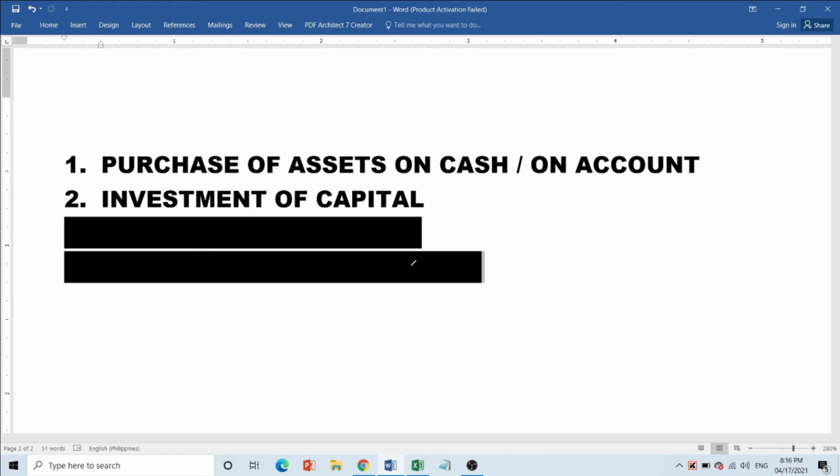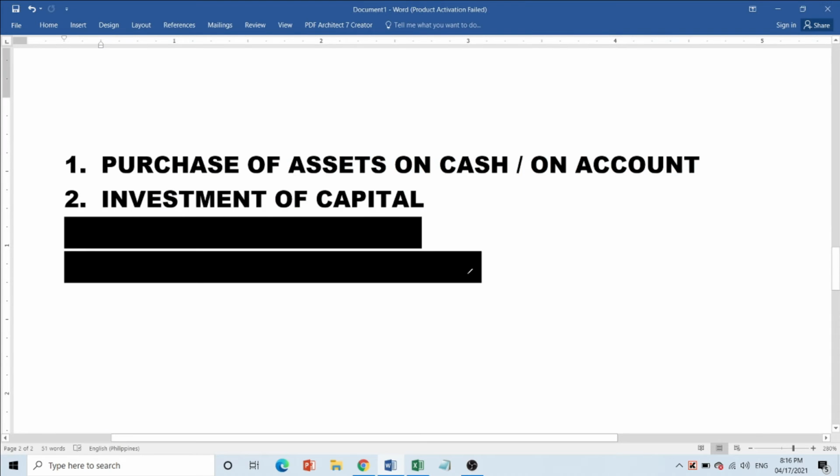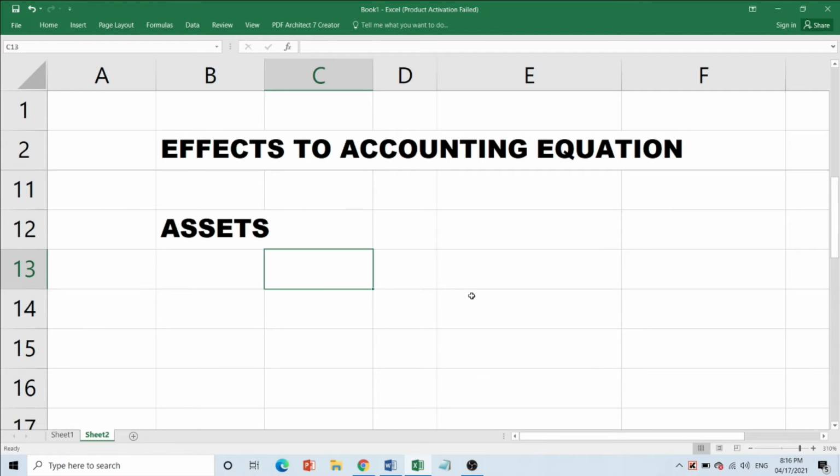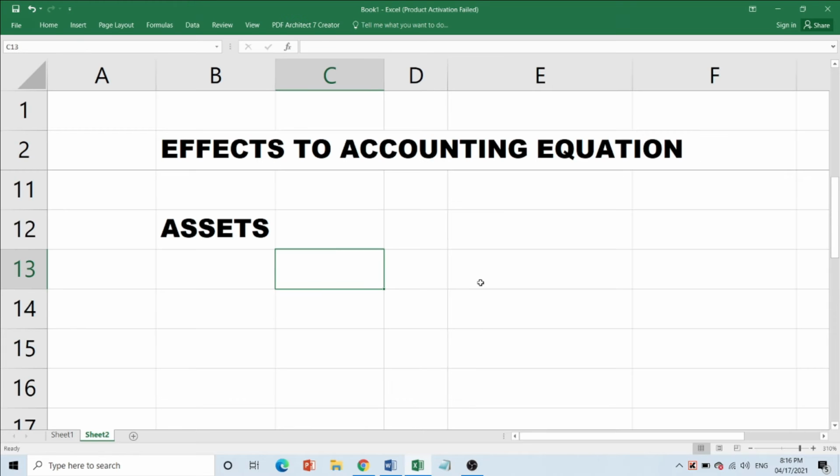Pwede din pong non-current assets like building, equipments, machinery, etc. Since investment of capital lamang nakalagay, ipagpalagay na lang po natin na invest ni owner sa business is our assets. Okay. Since assets ang kanyang ininvest, mag-i-increase din ang capital ng owner. Okay? Let's say this is a capital.